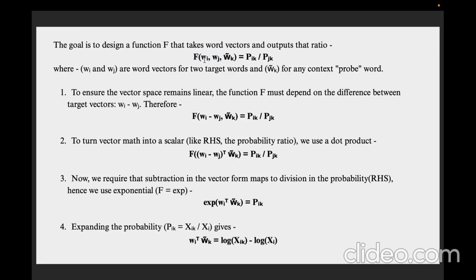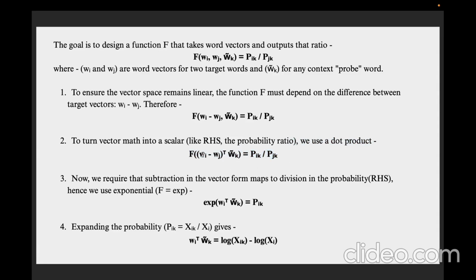Hence, the first step to converge this towards the RHS should be that we take the difference between the word vectors. Then we can clearly see that this is in a vector space while this is scalar. Converting a vector into a scalar quantity calls for transposing and then taking a dot product. Hence, this is now a scalar quantity just like RHS.